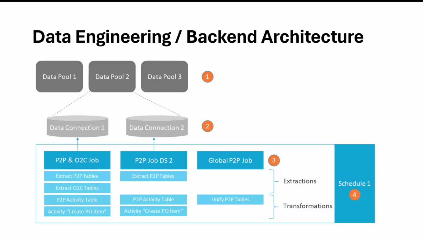Remember in the previous sections, we spoke about data connections, data normalization, data transformation, queue building, and data model build. All of those would happen in this area within Celonis, which is all within this data pool.